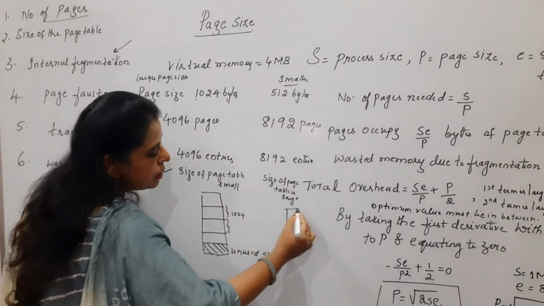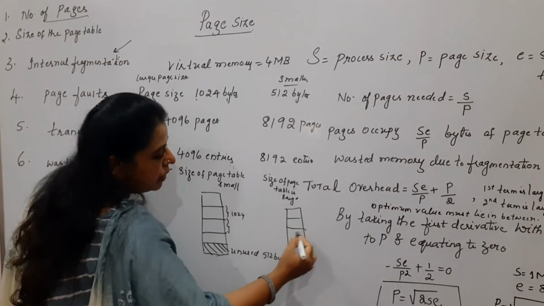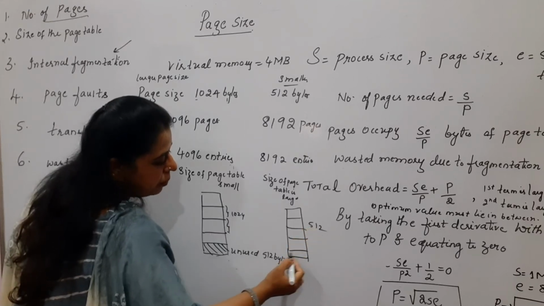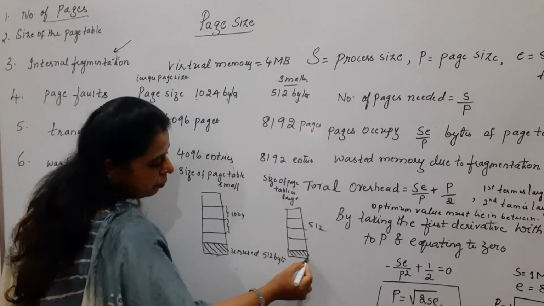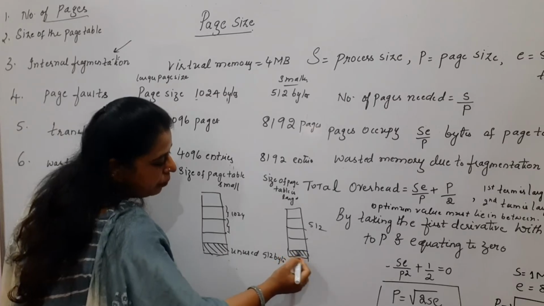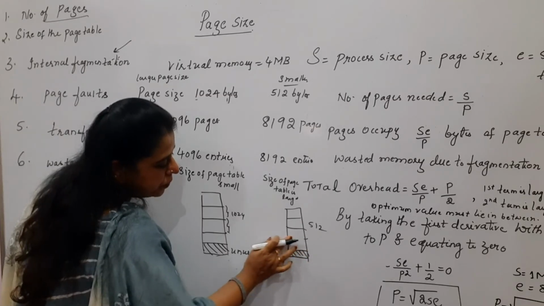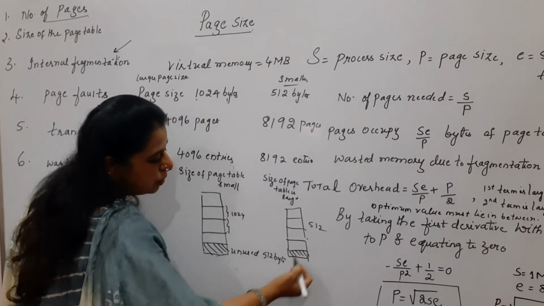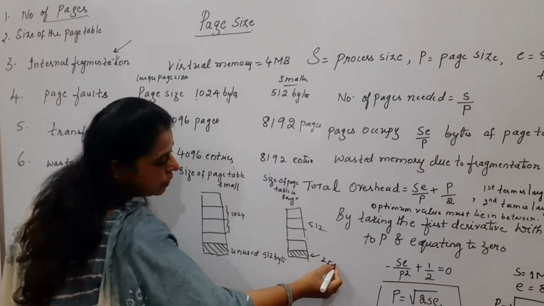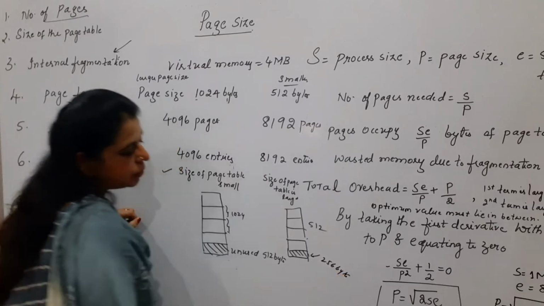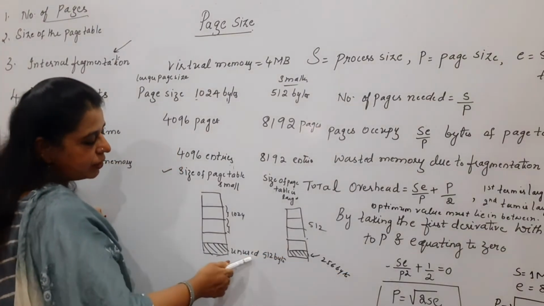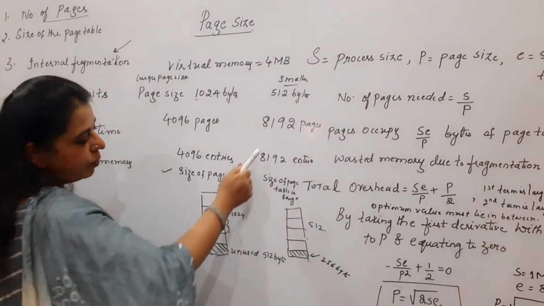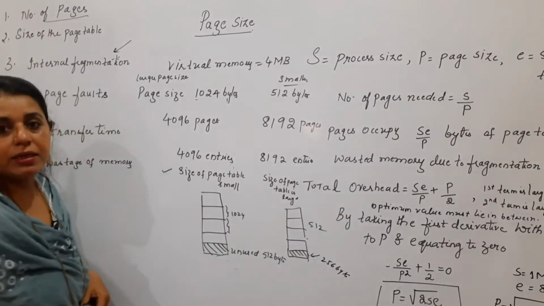If each page size is 512, and the last page is not taking the complete space, then out of that, 50% is unused, so we can say 256 bytes are wasted. So the wastage from internal fragmentation is more if the page size is larger. If the page size is smaller, internal fragmentation is less.